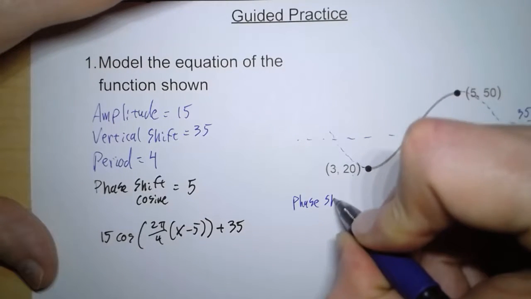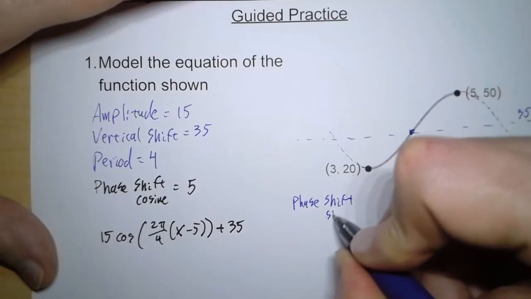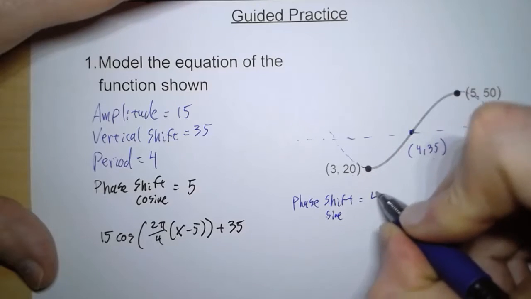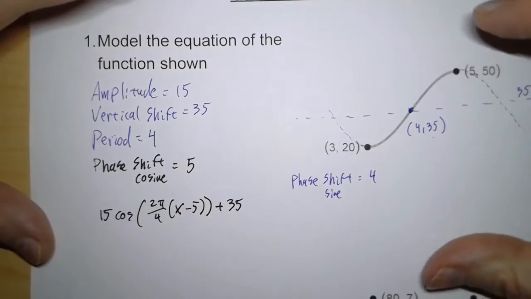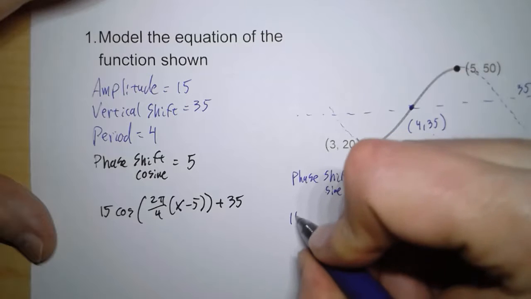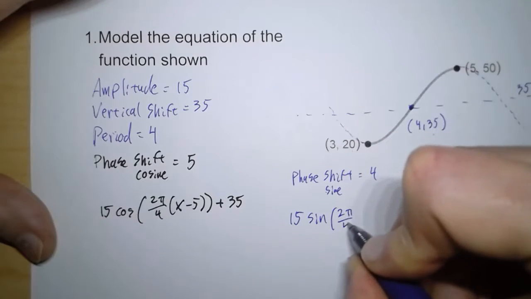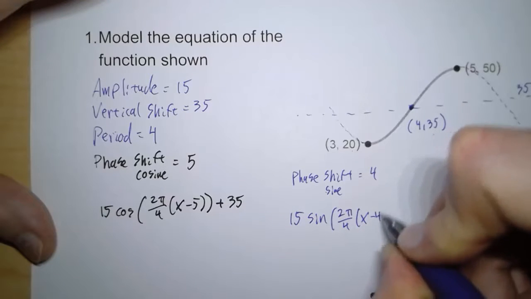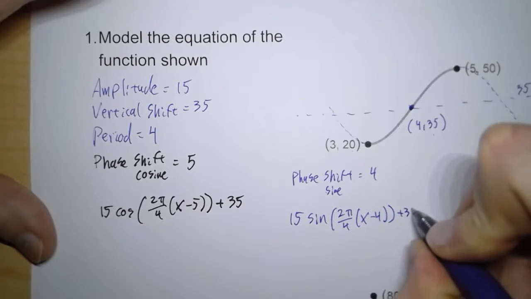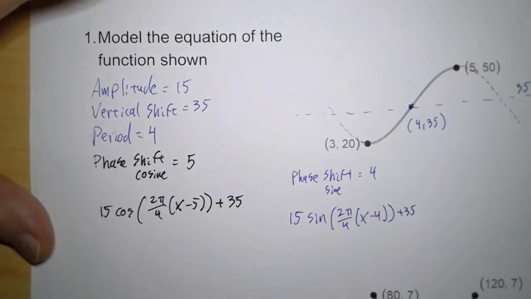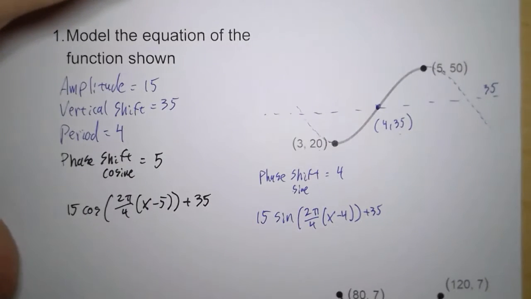So the phase shift for sine is going to be 4. The equation, if we were using sine, is 15 sine of 2 pi over 4 times x minus 4, plus 35.